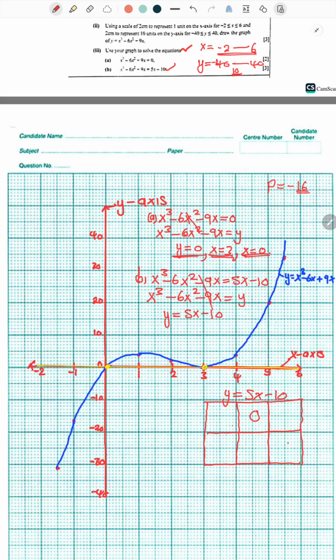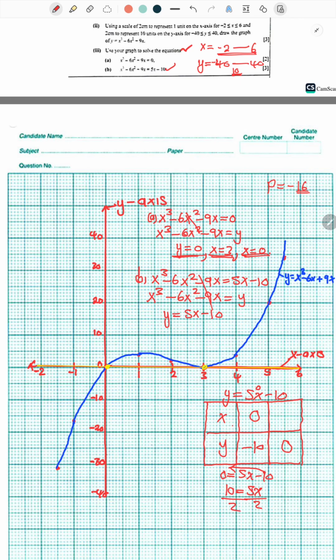Put a 0 here, put a 0 also here. This is going to be your x, this is going to be your y. If you put 0 where there is x, what are you going to get? You will get negative 10. Then, if you put 0 where there is y, this 10 will come to this side to become positive 10 is equal to 5x.